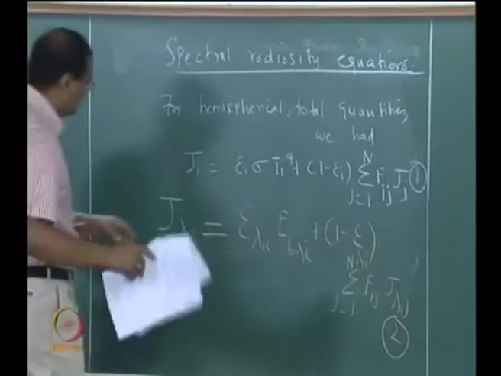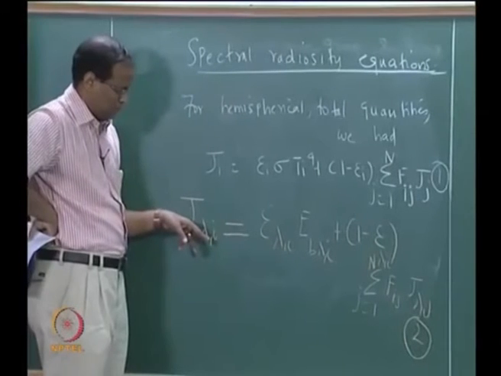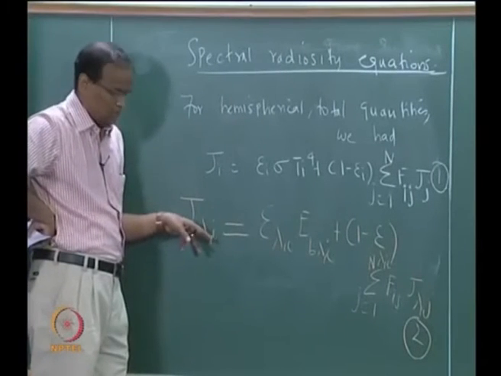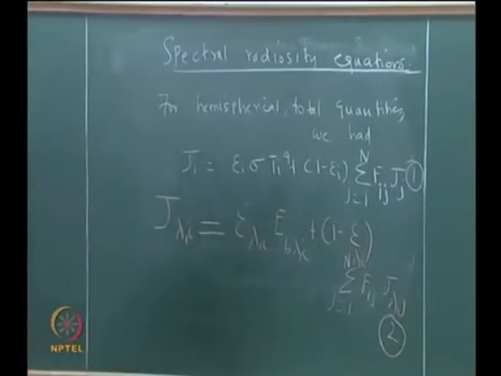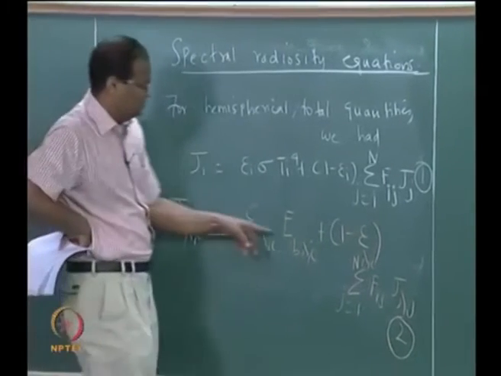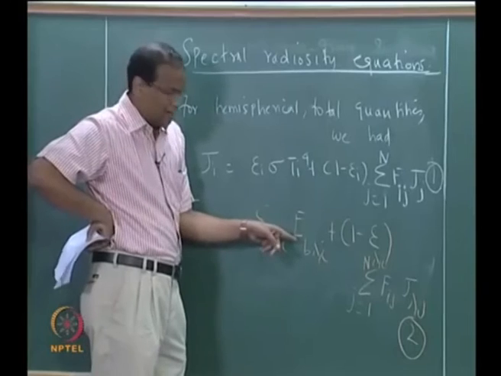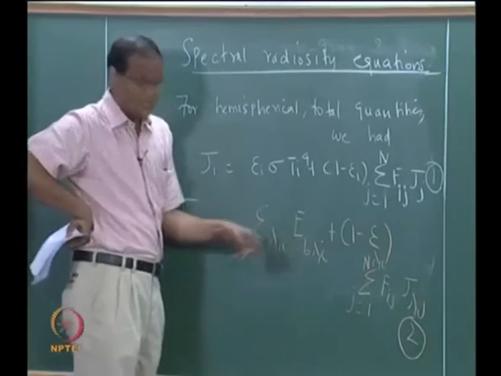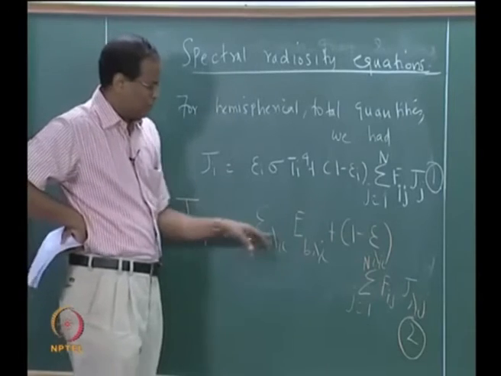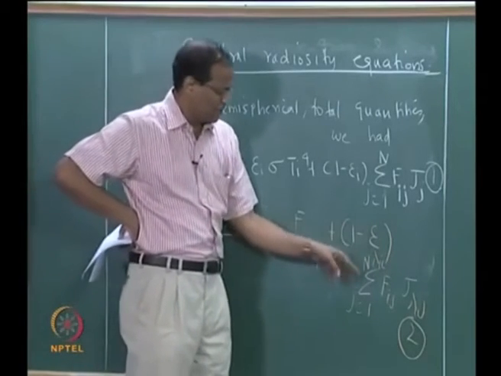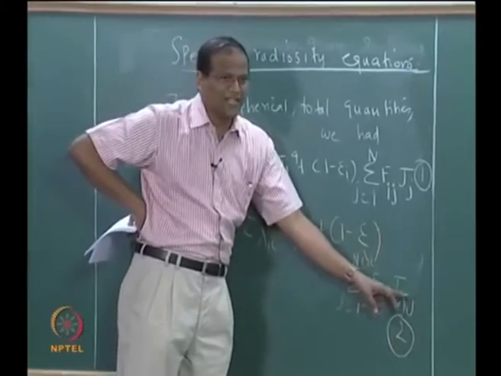If you do not like this notation, yeah, no, it is fine, the notation is good. So the J lambda i is epsilon lambda i E b lambda i. I can't put sigma T to the power of 4 because this is J lambda, this is not J from 0 to infinity. So I have to put epsilon lambda times this, plus 1 minus epsilon lambda, the view factor is the same, and J lambda of j.